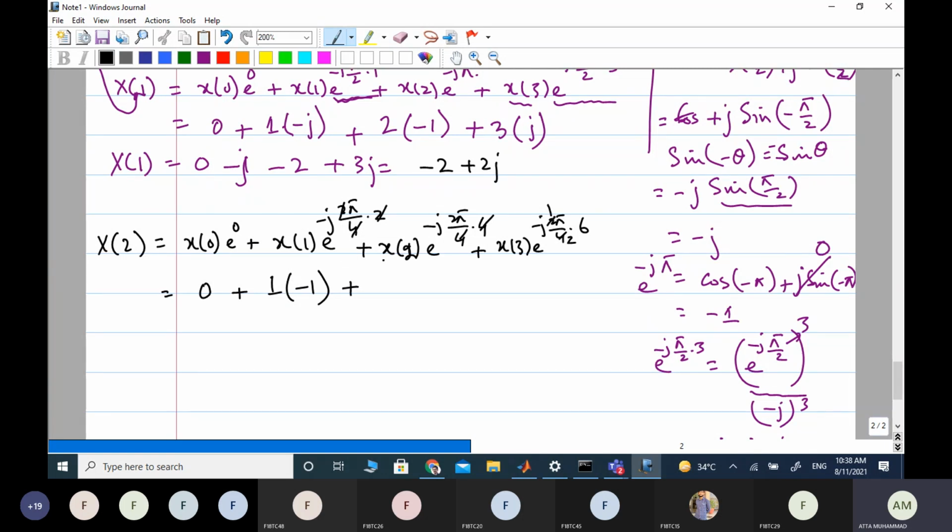And from x of 2 we got 2, and e to the power minus j 2 pi. On 2 pi, cos is always 1, plus x of 3 is 3, and this term is e to the power minus j pi by 2 whole power 6, right?